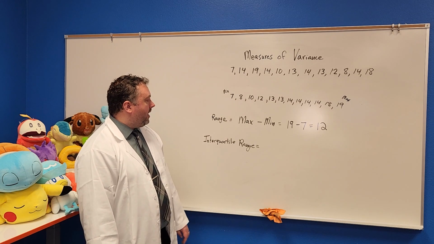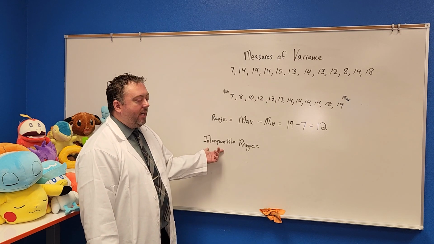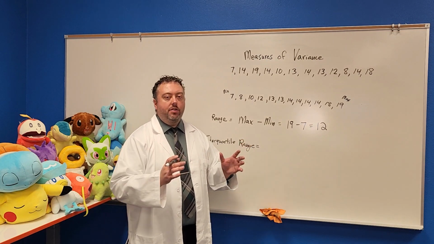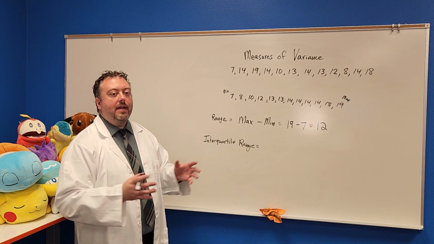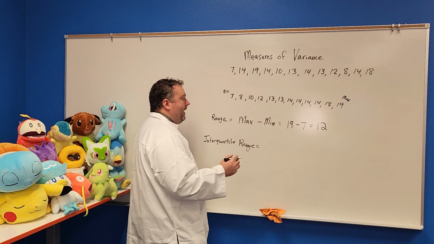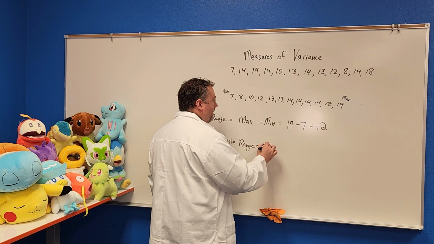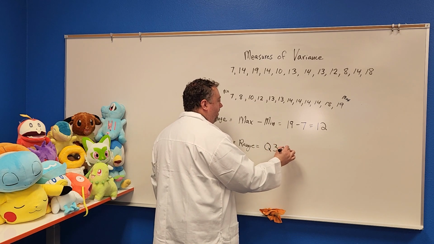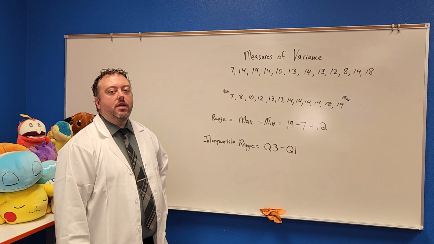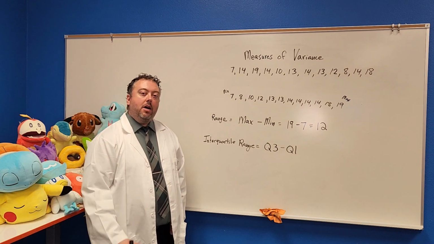So now, interquartile range. Interquartile range looks at the middle of your data. How spread out is the middle of your data? So to do that, we need to have something known as the third quartile and the first quartile. Quartiles are just another way of talking about medians.